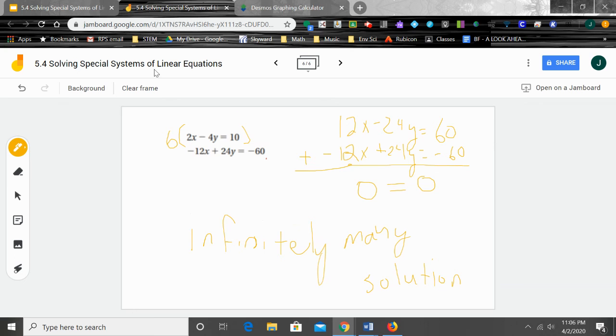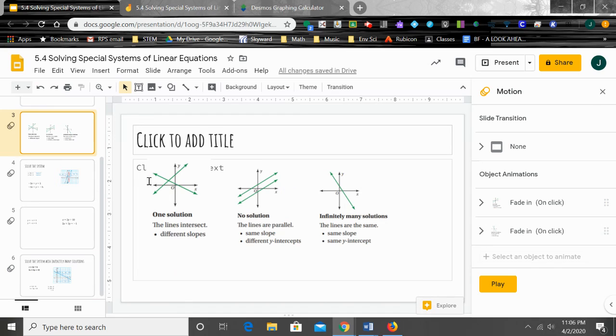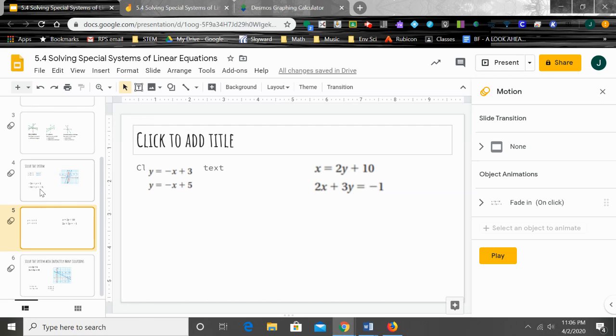Let's just go over that real quick. One solution means you come to one point when you're solving it. There's one true solution. If you are solving using substitution or elimination, there'll be no solution if you get something that does not work, where it doesn't equal one another. You get something like 0 equals 7, something that's not true. Or if you graph it, you just see they're parallel lines.